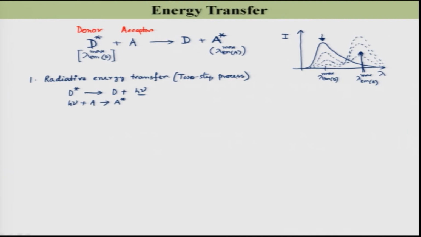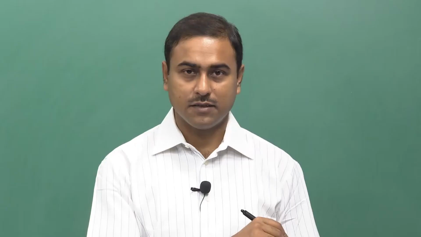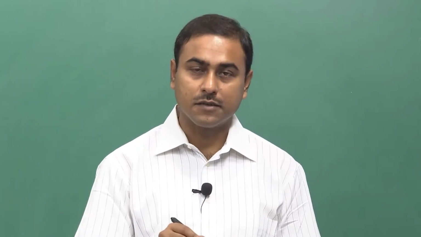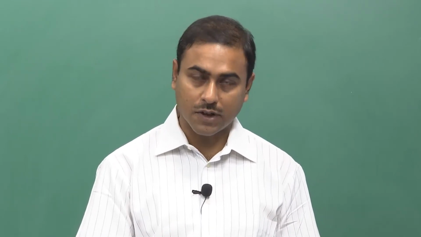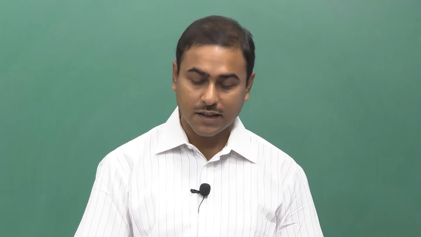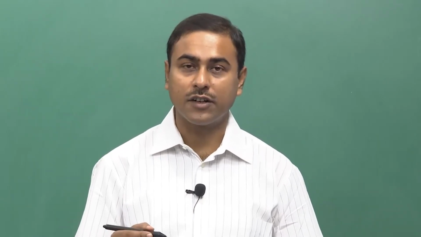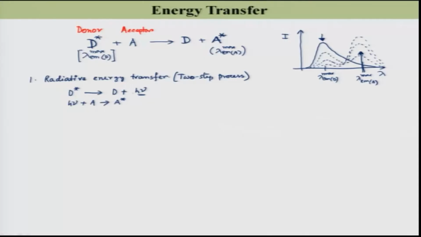Now, just looking at this mechanism as I have written here, it is evident that if the donor quantum yield is high, that means the radiative rate constant is much higher than the non-radiative rate constant. So, this process must depend on the quantum yield of the donor.